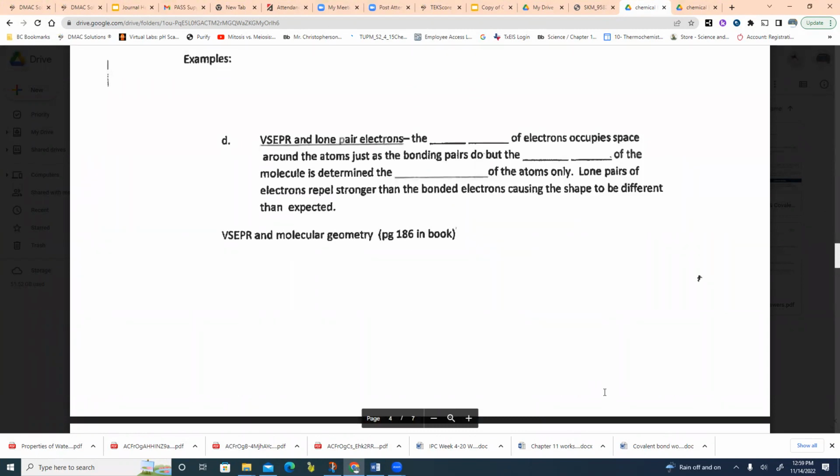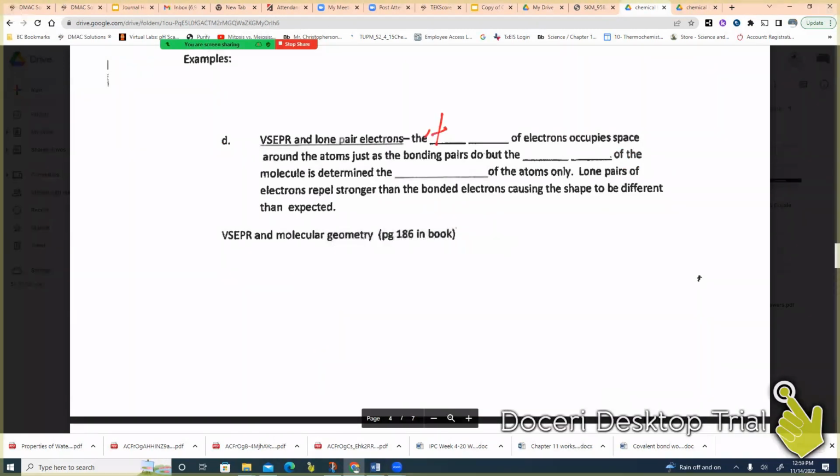So VSEPR and lone electrons, as far as how they affect everything, the lone pair, and remember, lone pairs are what an element keeps. It's not going to be part of the bond. So the lone pair of electrons occupies the space around the atom just as bonding pairs do, but the actual shape of the molecule is going to be determined by the position of the atoms only.